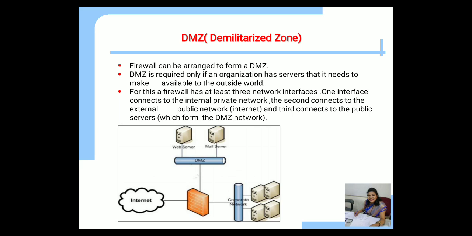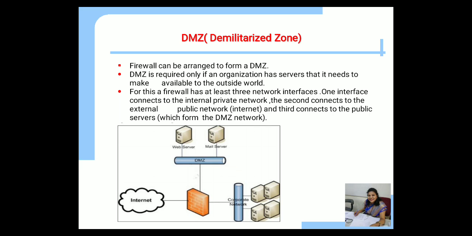The DMZ is required only if the organization has a server that it needs to make available to the outside world. For this, the firewall has at least 3 network interfaces. One interface connects to the internal private network, the second connects to the external public network, and the third connects to the public servers.